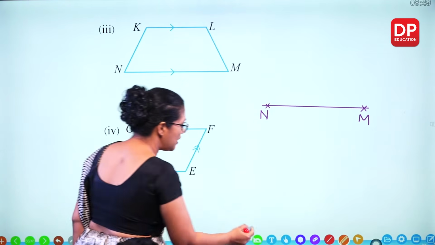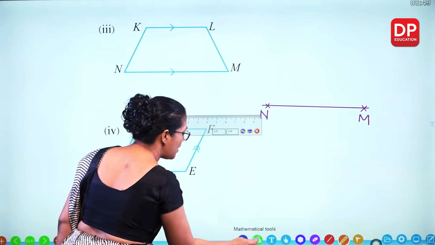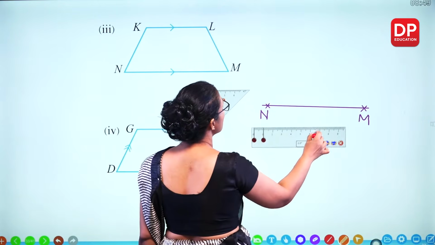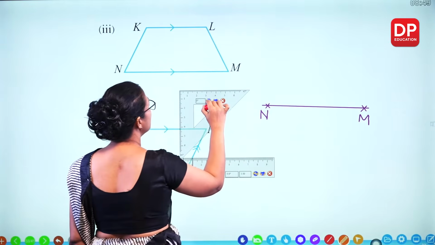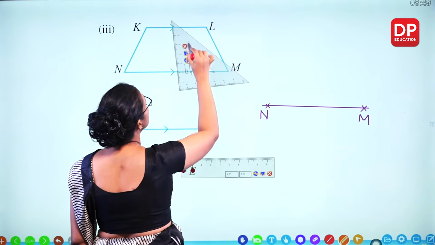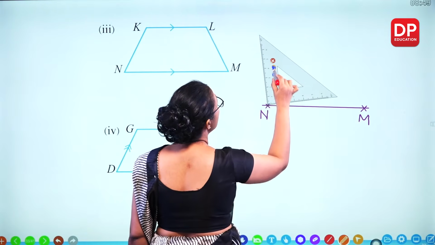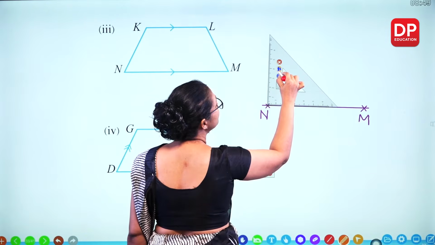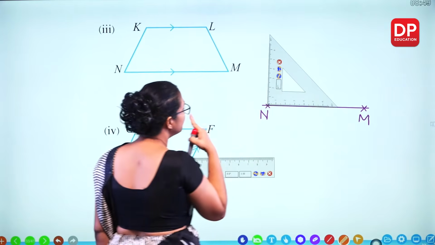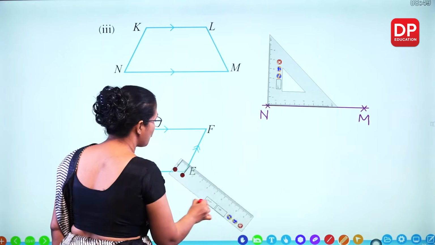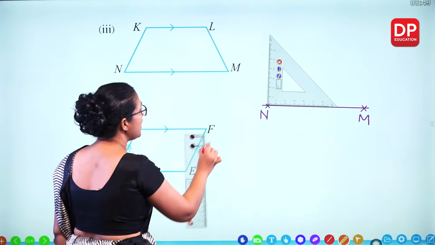For that you need the set square and the ruler. So what you can do, you keep the set square on top of the line MN and keep the straight edge next to that.